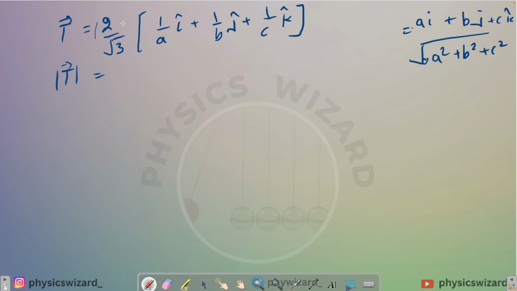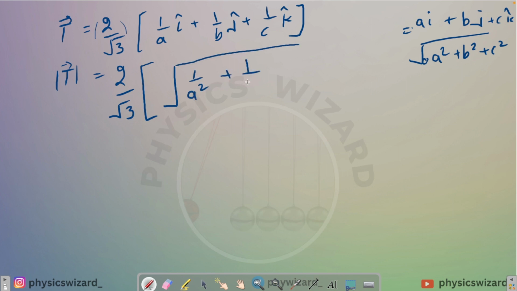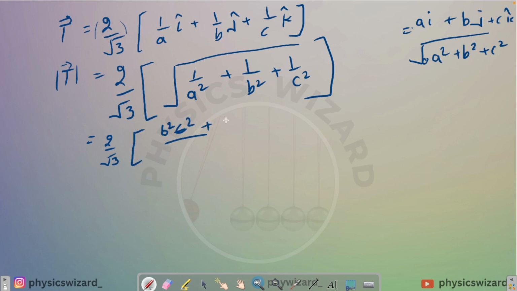So 2 by root 3 is common, it will remain as it is, because we have to square it and take the root, so it will come out the same. The quantity inside, we can write as 1 by a square plus 1 by b square plus 1 by c square. After solving this, we can write it as 2 by root 3, b square c square plus a square c square plus a square b square divided by a square b square c square.